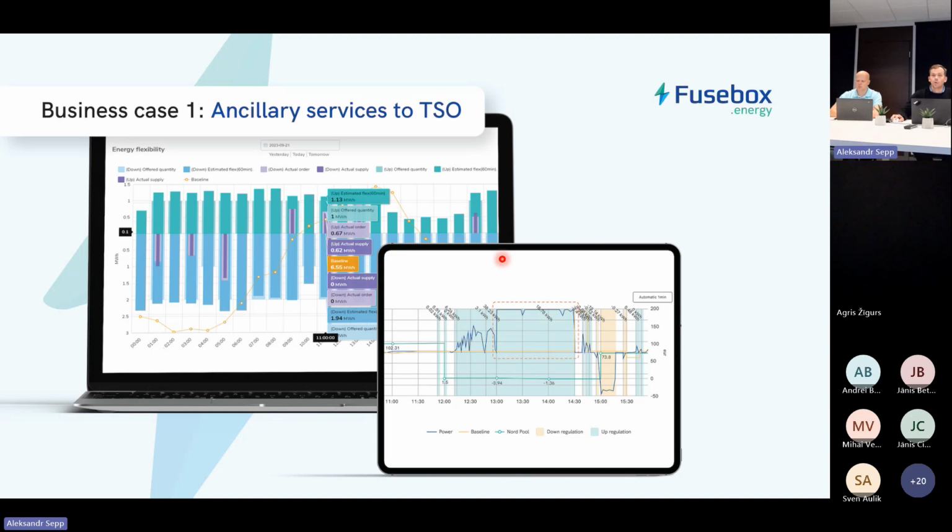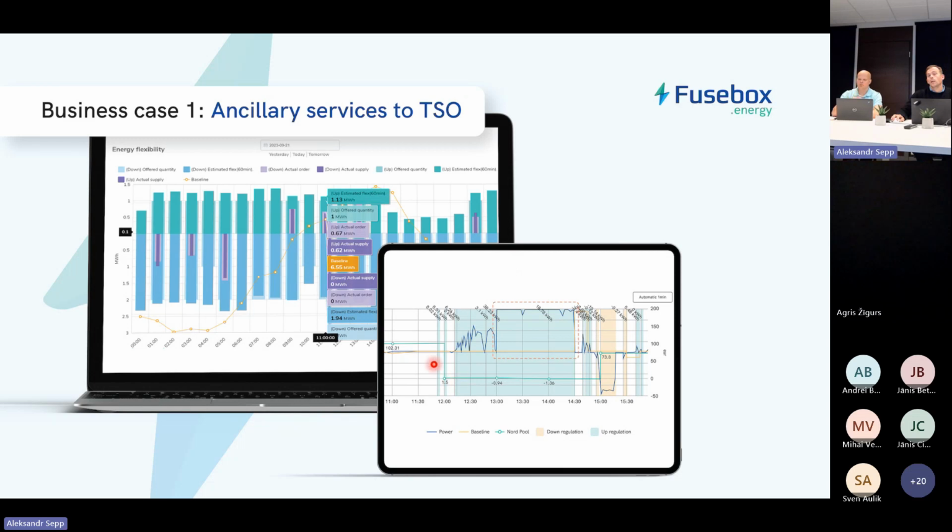Communication with the TSO is automated, and the bidding procedure goes according to the predefined limitations that you set up in your system.